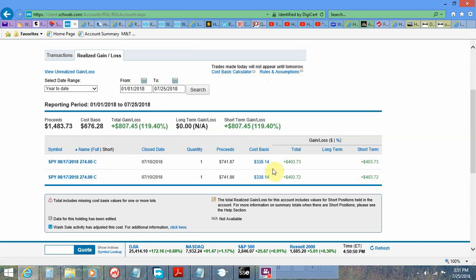But this is the SPY trade I got you out of. You can access that by clicking on the tab that says realized gains. I got into the trade for a certain amount and then got out of it, and this is what you got, which was your net profit.